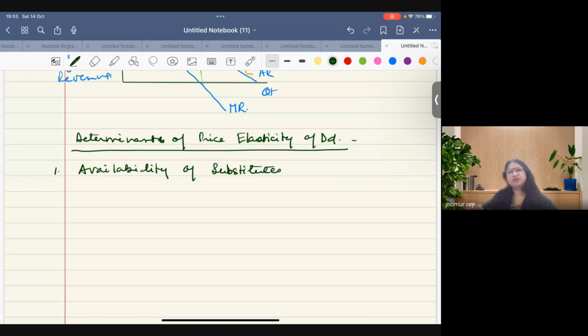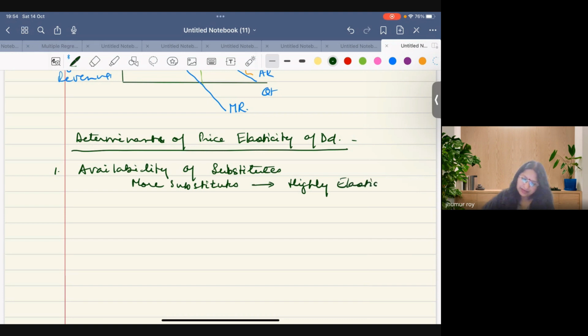But if you talk about soft drinks, clothes, biscuits, you'll see that they'll all be elastic because you have got so many other options available to you. So if there are more substitutes, we say it is highly elastic.